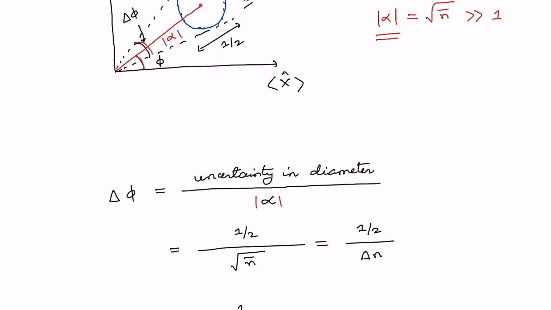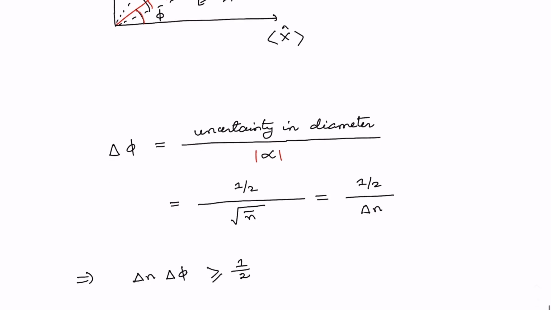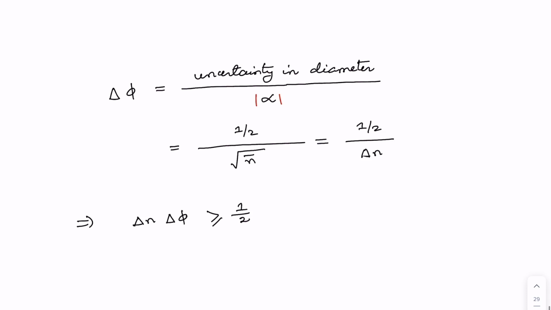The uncertainty in the diameter is around half, and mod alpha is the square root of n, which is nothing but delta n. So from here you see that delta n into delta phi is greater than or equal to 1/2. So this is the uncertainty relation in terms of the photon number and the phase.